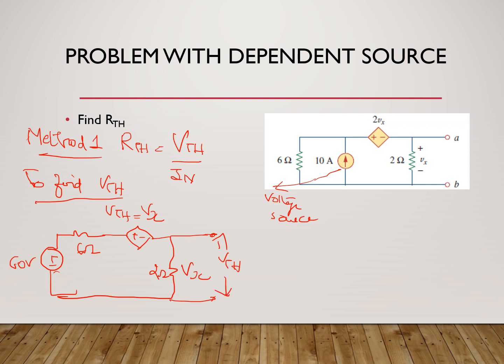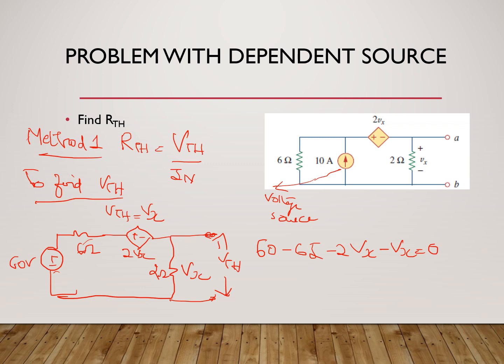Now this is open circuited, so there is no current flowing through these terminals, which means this is a loop. I'll write KVL: 60 minus 6i minus 2Vx minus Vx is equal to 0.